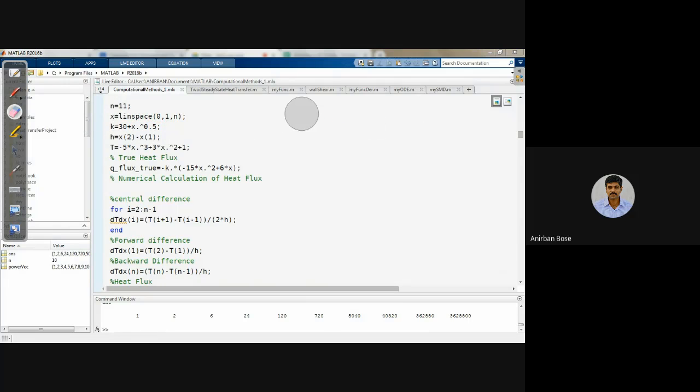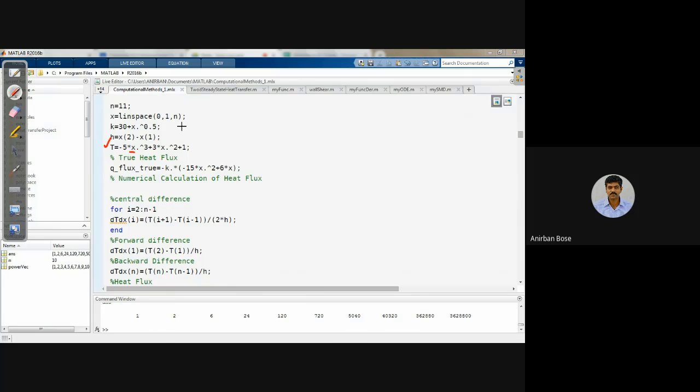Next you define k, because that is given. Then you find h, because h is the distance between any two x points. So we have just written x2 minus x1, because x is already defined. Next, the temperature function is given, so I have written the temperature array as minus 5 into x.